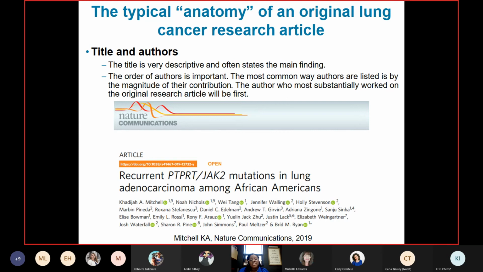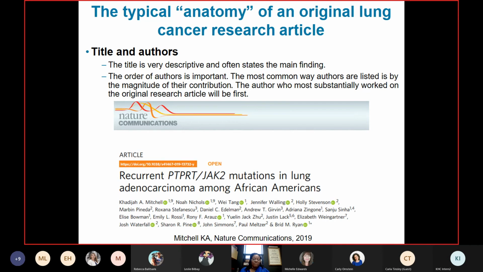And then you're going to have a list of authors. A lot of times people ask, how do so many authors get onto a research paper? It's because they all have contributed something to this scientific story. Right? Just a little tip: when you see the author list, the order of the authors is important.